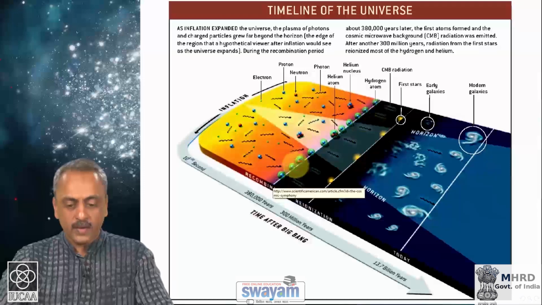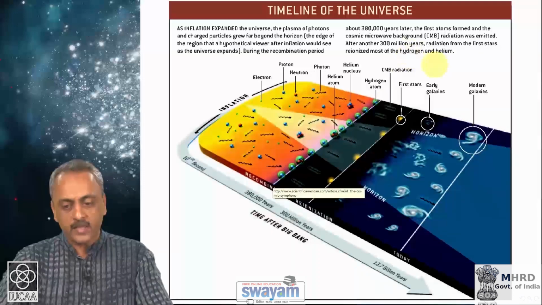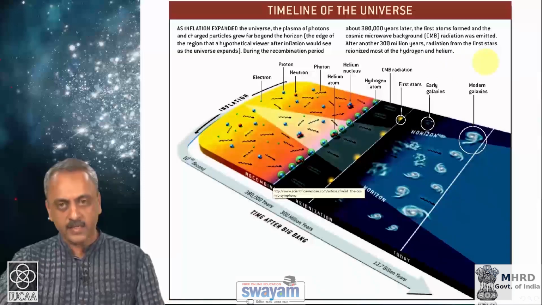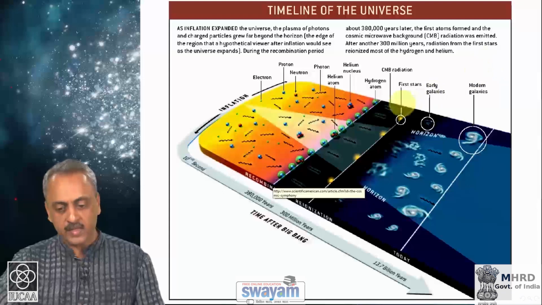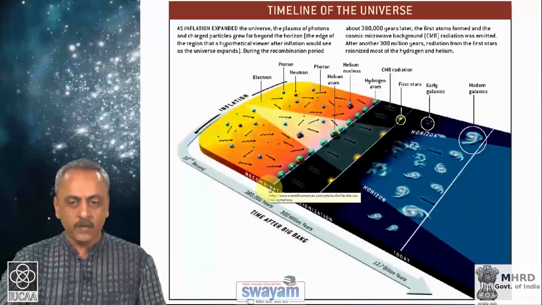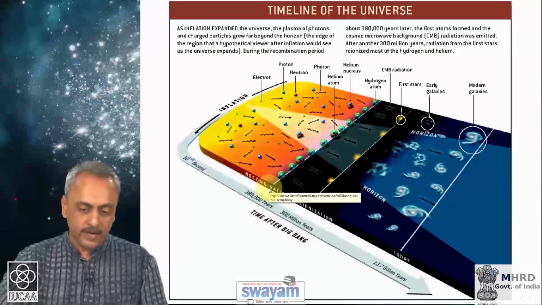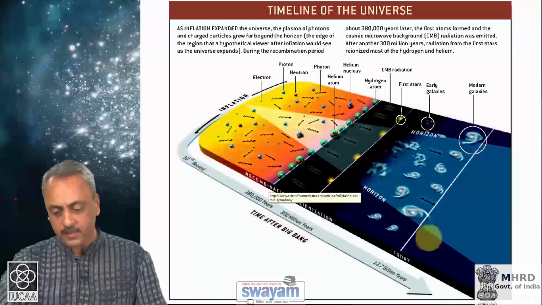This is where atoms started forming, and this is the point in time when the interaction between radiation, represented by photons, and matter stopped, and when these photons started flying through the universe freely, and we observe them at, this is the present.